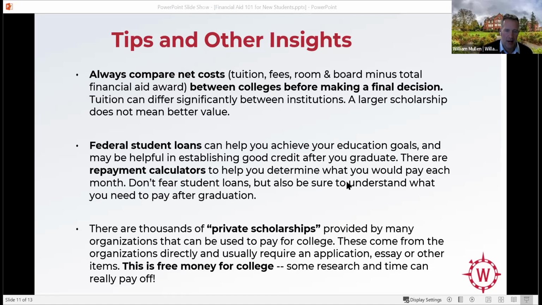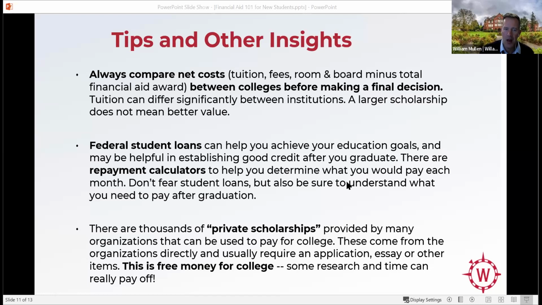So I generally counsel people to not fear student loans. You can take too much, and that's really been established. Generally speaking, most students don't take too much as undergraduate students. Graduate students sometimes do, but you can utilize these repayment calculators to get an idea of what you're going to pay on a monthly basis after you graduate.